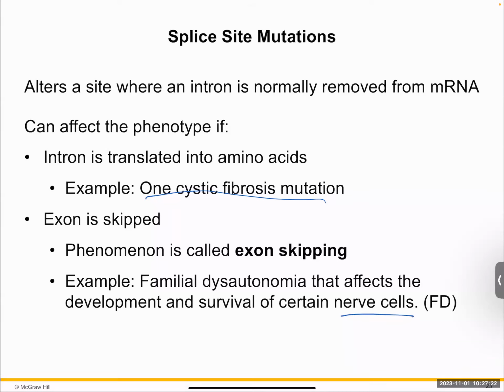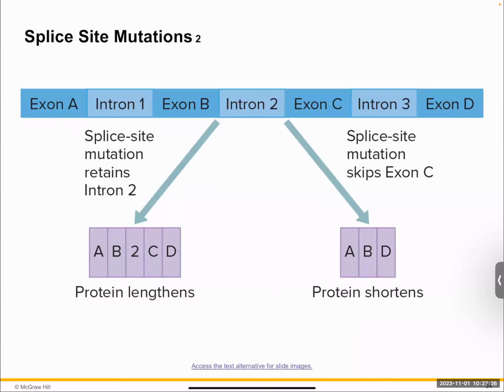Now, let's demonstrate this splice site mutation on an image. Here is your sequence. You have the exons identified by letters and introns with numbers. Now, logically, if I was to make this protein properly, all of the introns would be removed, and I would end up with A, B, C, and D as my normal sequence.